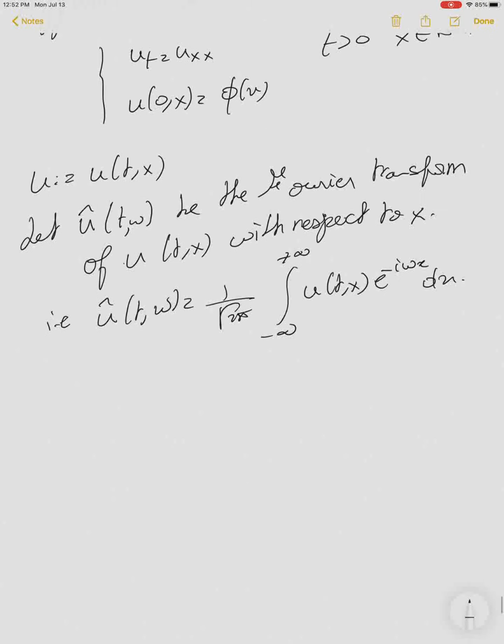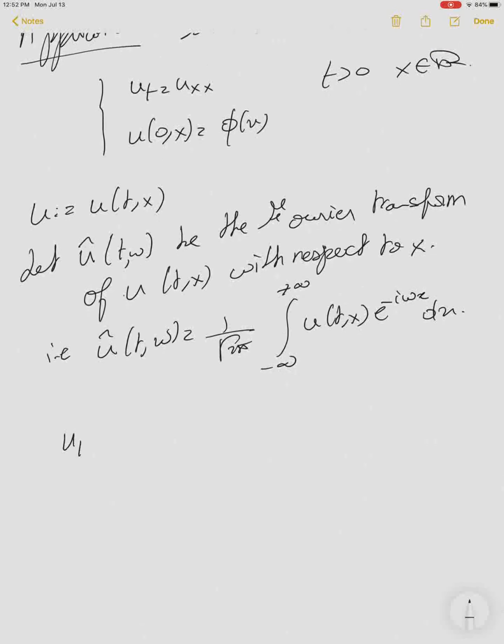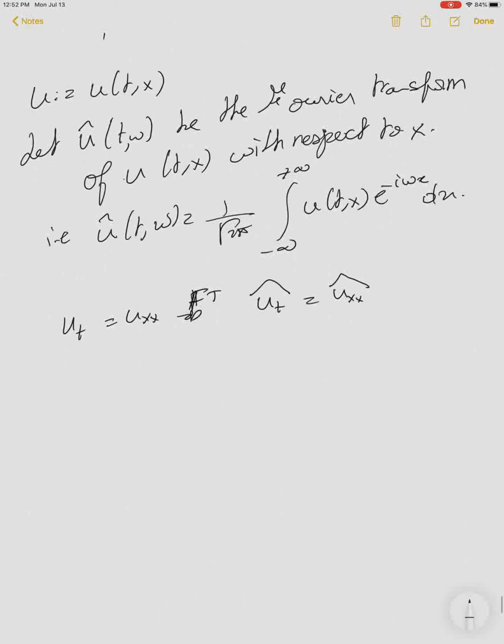Okay, so I'm only applying Fourier transform with respect to the variable x. Now I have u_t equal u_xx. Applying Fourier transform implies u_t hat equal u_xx hat.